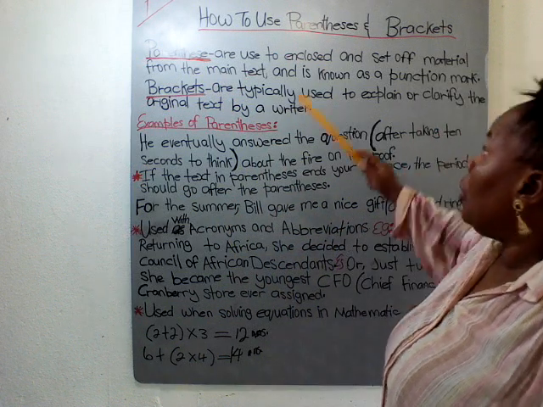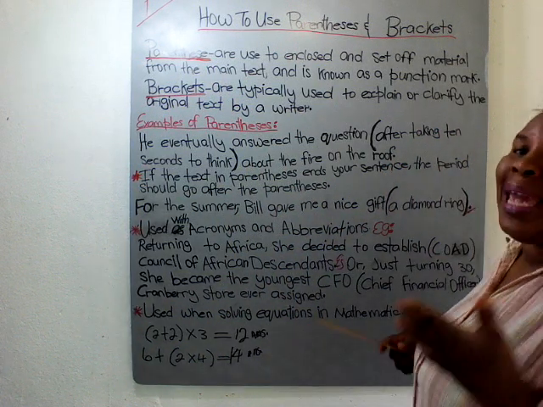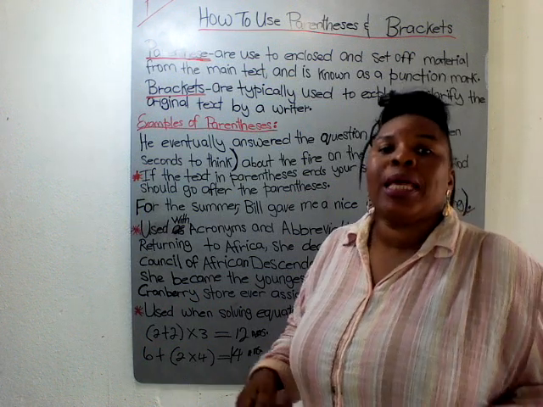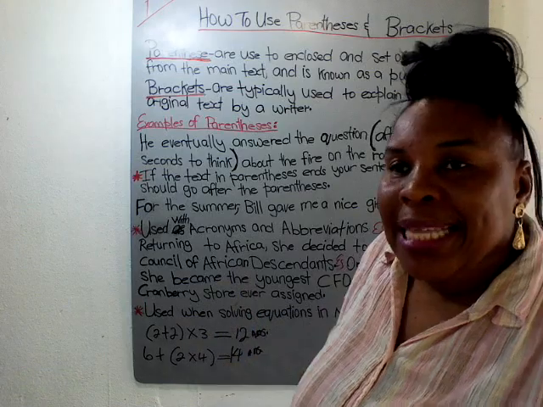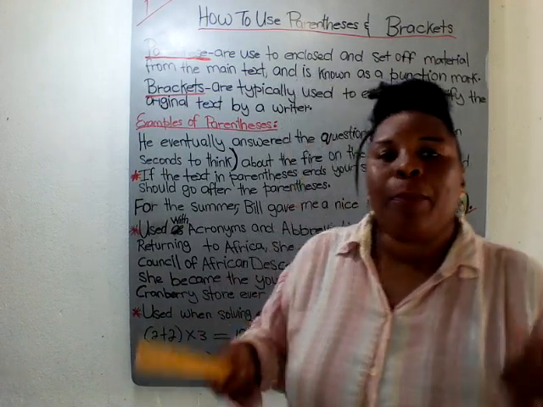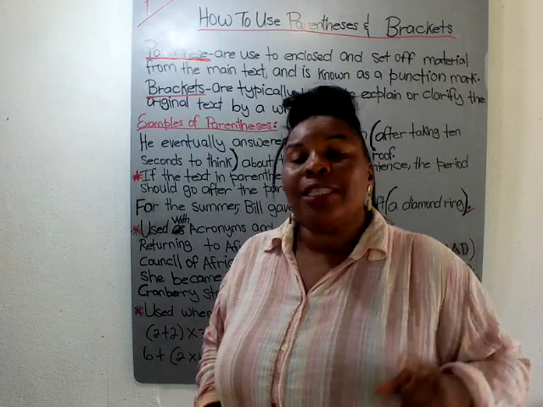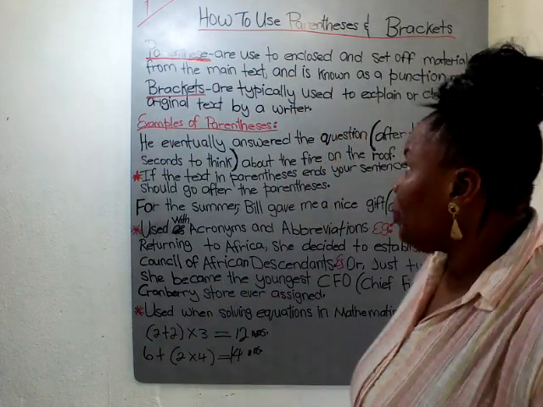Parentheses are used to enclose and to set off material from the main text, and are also known as a punctuation mark. Just as you have a full stop or question mark, it's a punctuation mark.